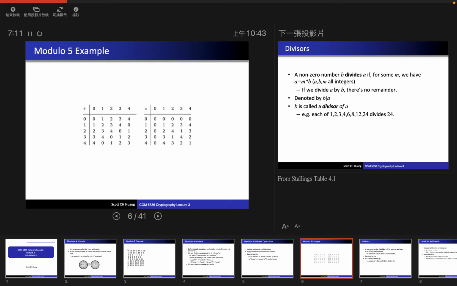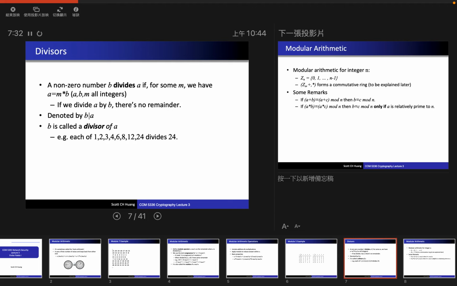This is a little weird, right? But anyway, it makes sense in the sense of congruency. Here, 4 times 4 is 1. Yeah, that's a little different. So some things are similar, some things are different. This is modular arithmetic.